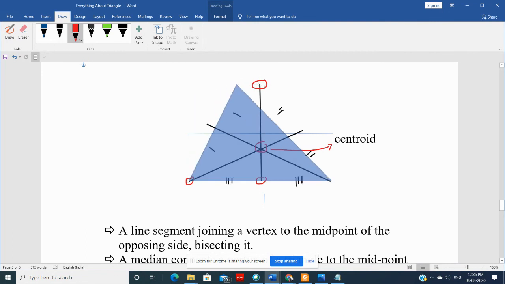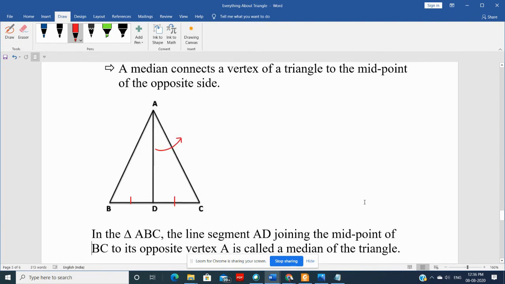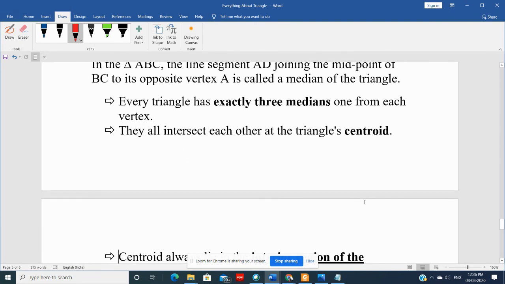So you keep it like this, or if you keep it like this, all right, or if you change it like this, in any which way, the centroid point is remaining same. That is, it will remain in the interior region of a triangle. So these are some very important features of centroid, or we can say point that is there because of the medians.